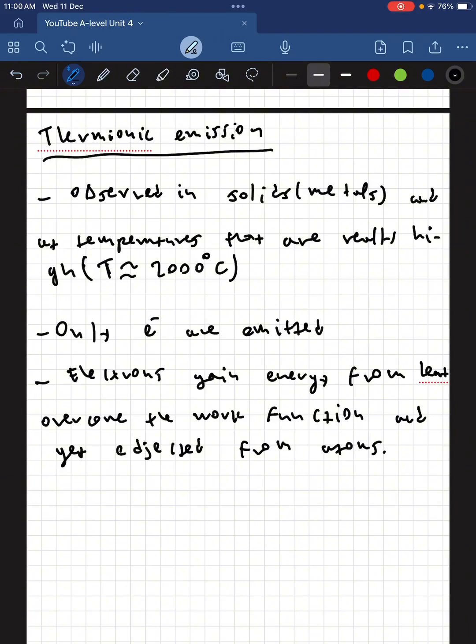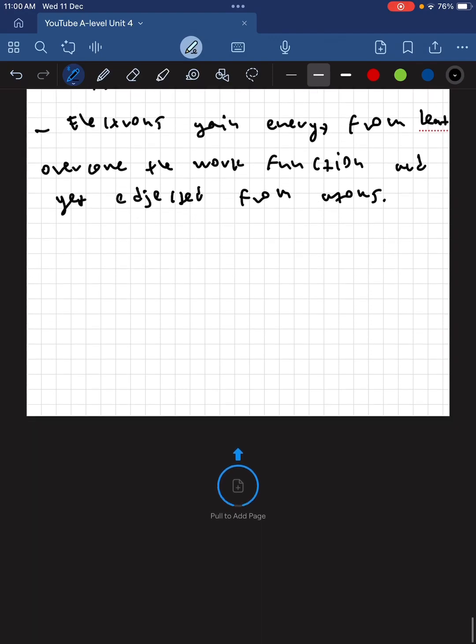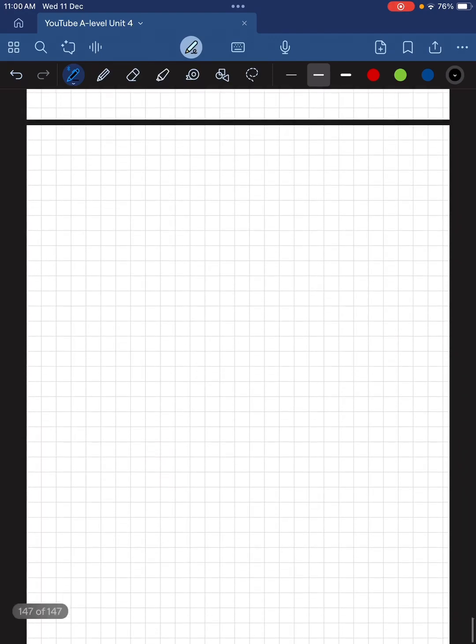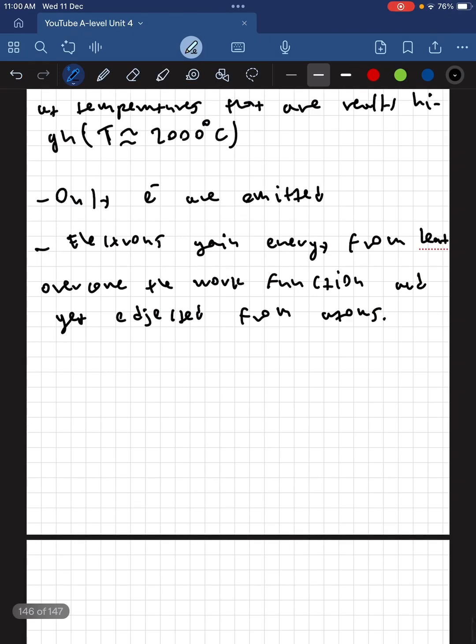Do I want to mention anything else here? Let me see. Yes. Heat is energy because E is kT, where k is the Boltzmann constant.